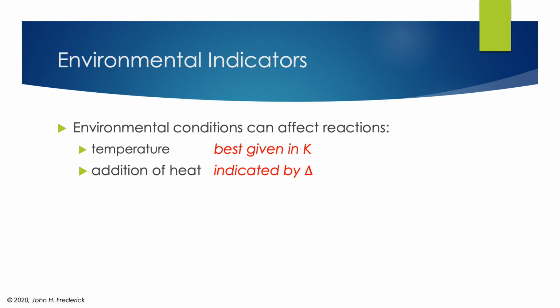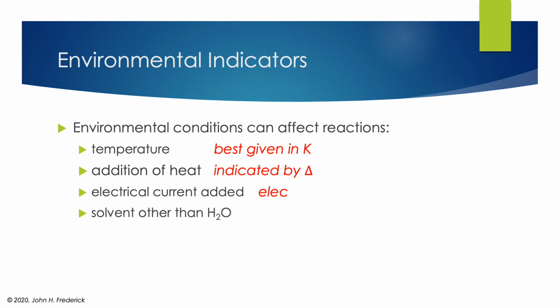We usually indicate this by using the Greek delta sign to indicate heat. We might add electric current. This is a popular way to decompose water. We might use a solvent other than water. For example, we could use methanol, in which case we would just list methanol underneath the arrow in the reactant. So this information that I've indicated here is usually indicated above or below the arrow in a chemical equation.